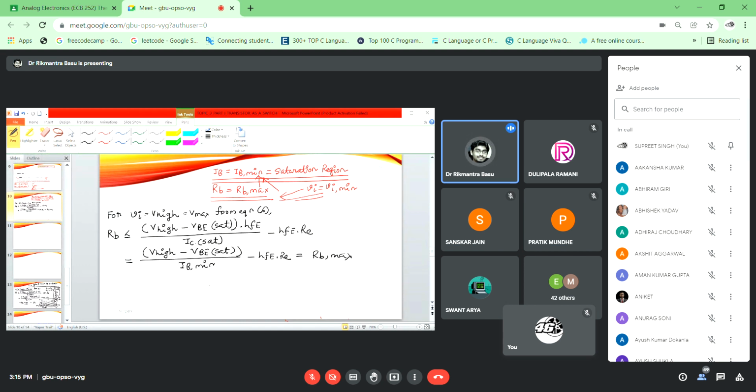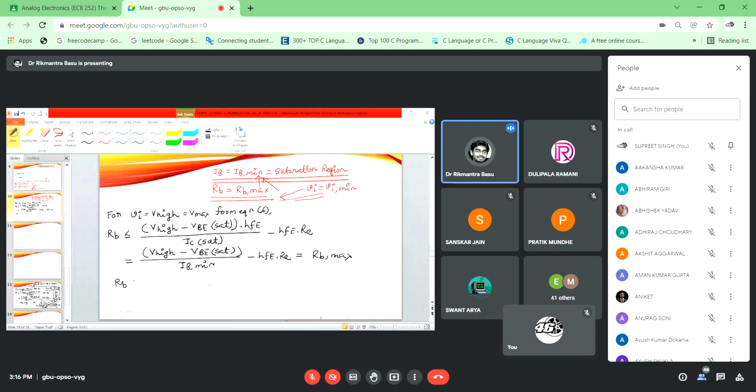So it is observed that in order to maintain a minimum base current, IB minimum, in the saturation region of operation, you require VI to be Vmax and RB must be non-zero and must be smaller than the RB max.